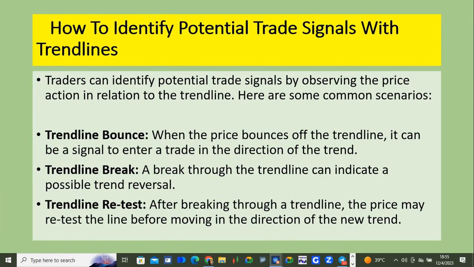Now, how to identify potential trade signals with trend lines? You need to concentrate more on the trend line bounce. When the price bounces off the trend line, it can be a signal to enter a trade in the direction of the trend.